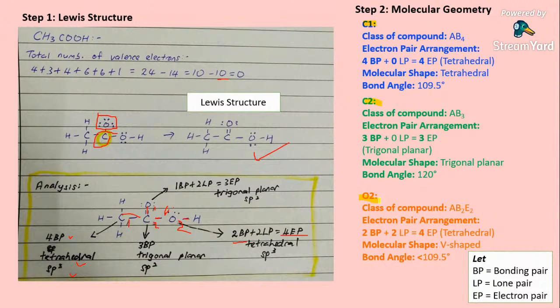Okay, voice clear? So follow the steps. Again, let BP equal bonding pair if you write the short form.